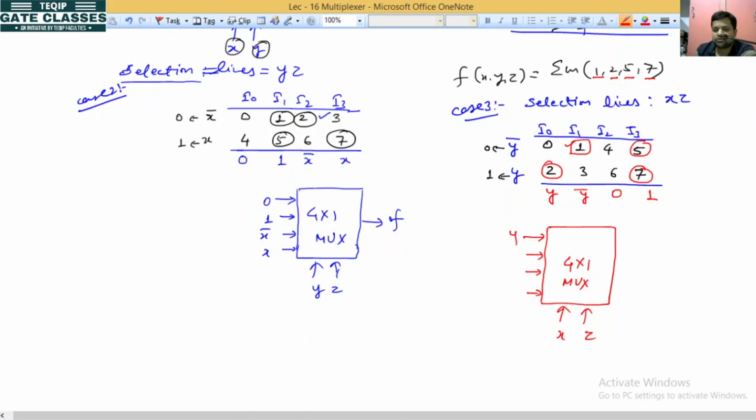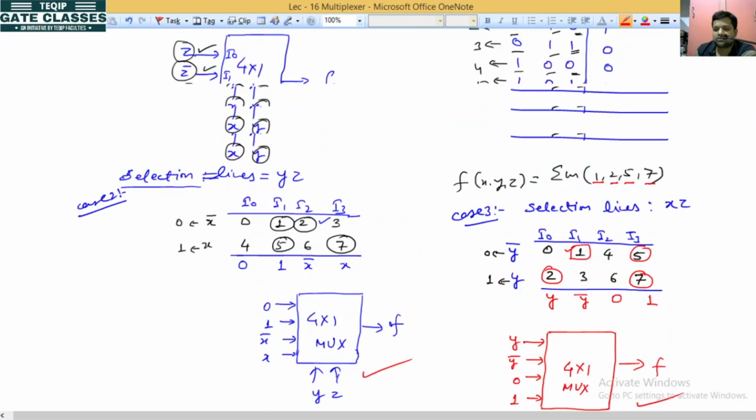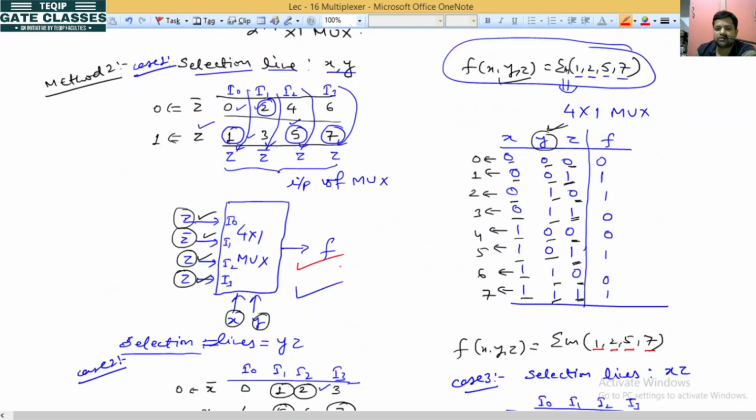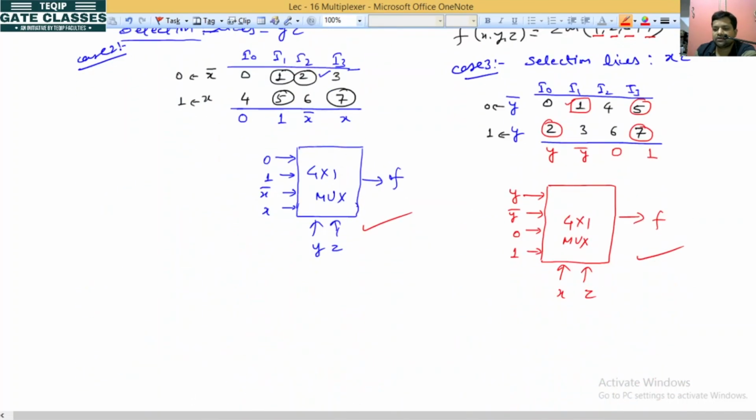So it is y bar, 0, 1, okay. So these are the 3 cases from which you can implement a Boolean function with a 2 to the power n minus 1 cross 1 mux.